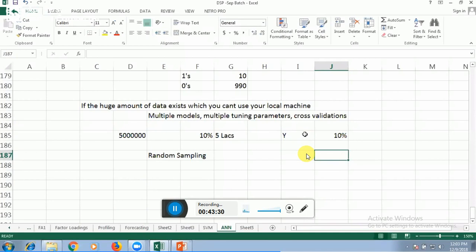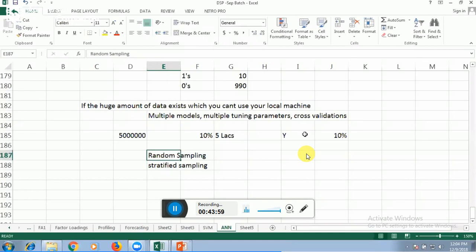It may not be exactly 10%, but it will be close. If you are not sure about that, we also have another mechanism called stratified sampling. What is stratified sampling? You have the data of ones, you have the data of zeros. Take 10% of ones out of the ones and 10% of zeros out of the zeros. That is stratified sampling.